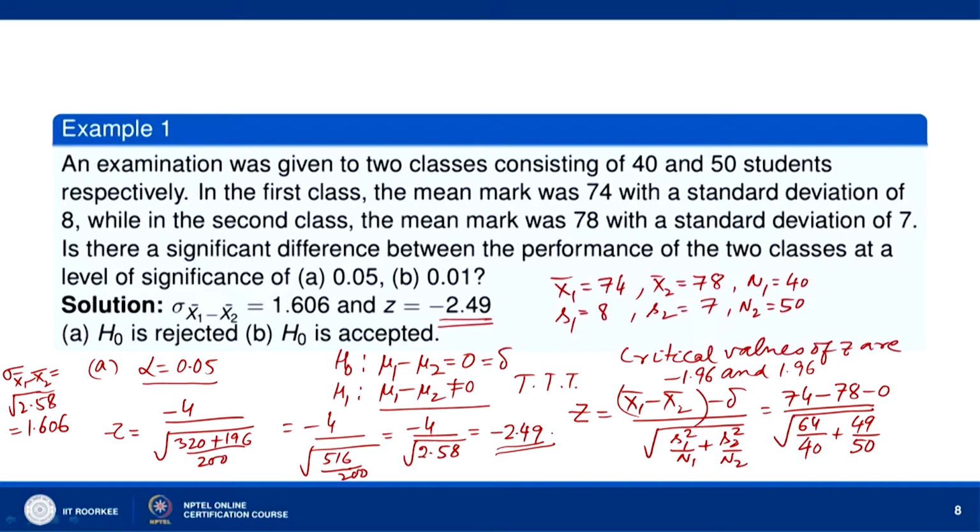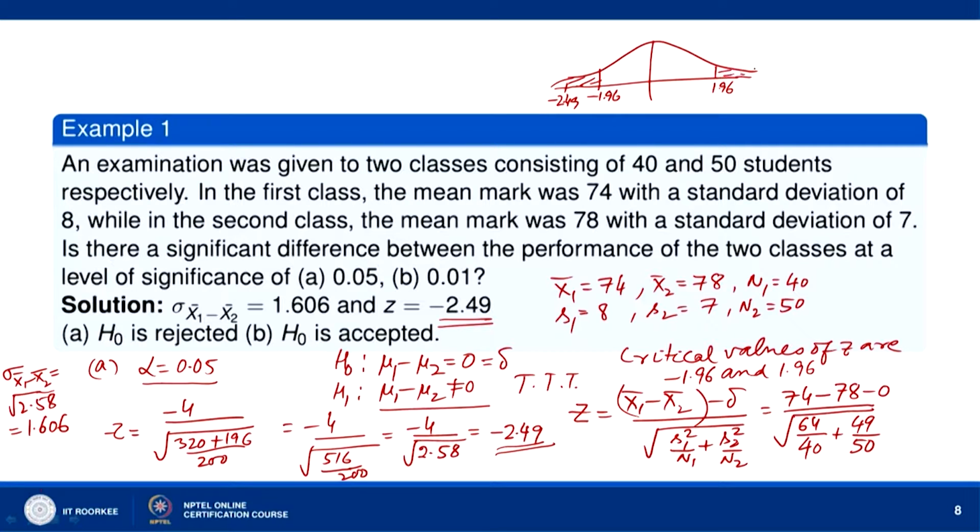Now, this value of z, let us see whether it lies between minus 1.96 and plus 1.96. No, because if you draw this curve, this is minus 1.96 to 1.96, and z is minus 2.49, so minus 2.49 is here.